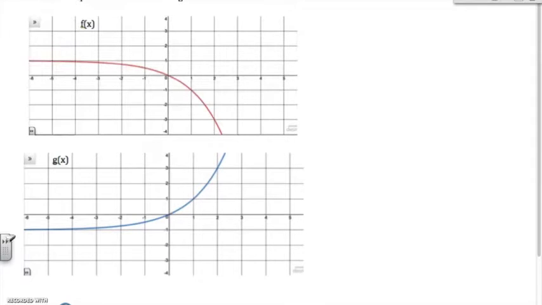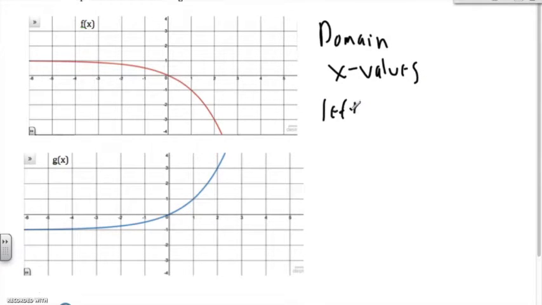We are asked to find the domain and the range of each function below. Just want to give us a couple quick reminders over domain and range. Remember that our domain is our x values, all our possible x values, and it's going to run from our furthest value to the left to the furthest value to the right.